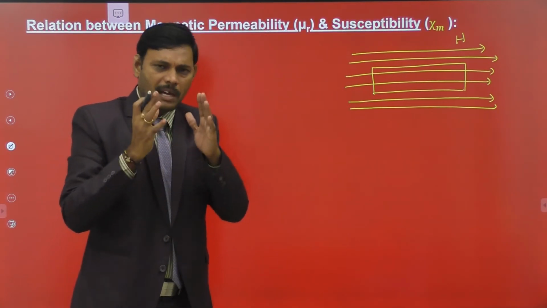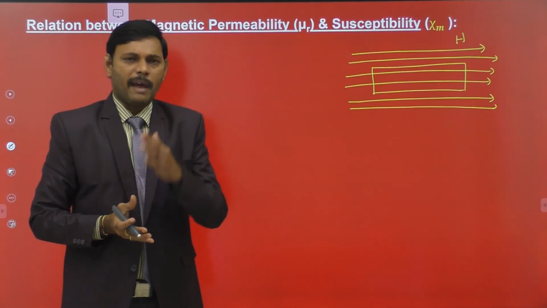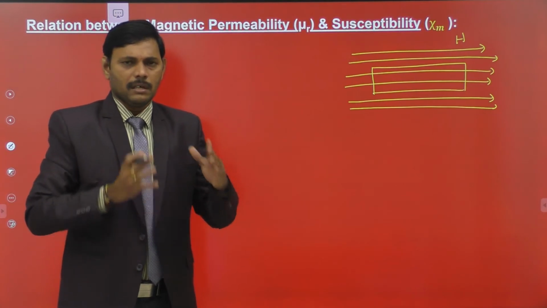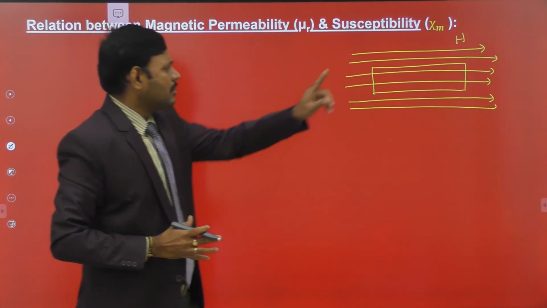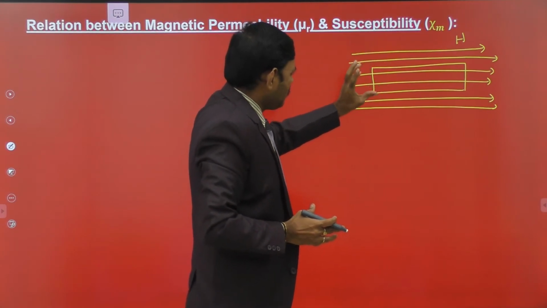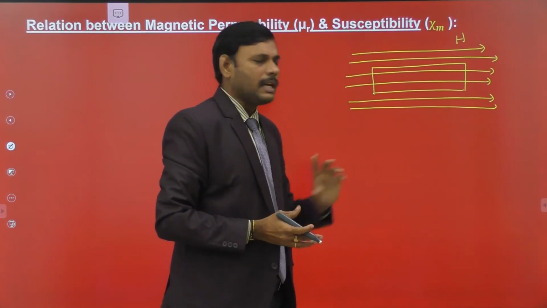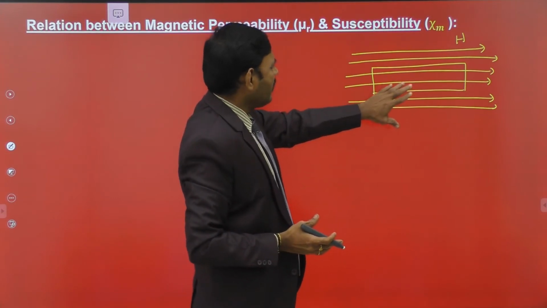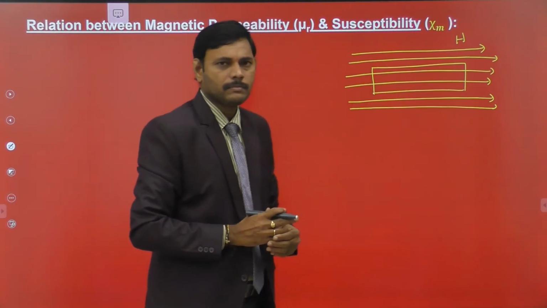The strength of the magnetizing field or magnetic intensity in a particular region is denoted by H. In that region we introduce a magnetic material, and then this magnetic material acquires magnetism.